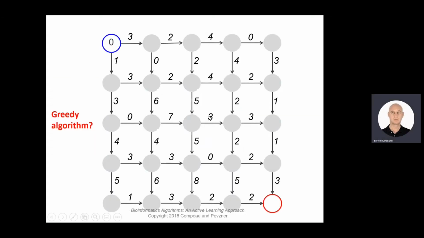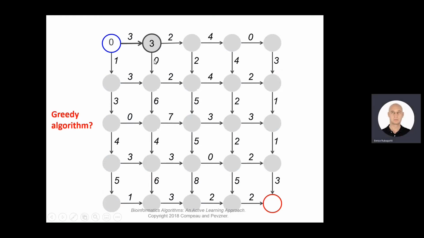So, we are going to remember what is a greedy algorithm. A greedy algorithm is an algorithm that selects the best short-term solution. So here I'm at 0. I can select between 3 and 1. Why do I select 3? Because it's more than 1.